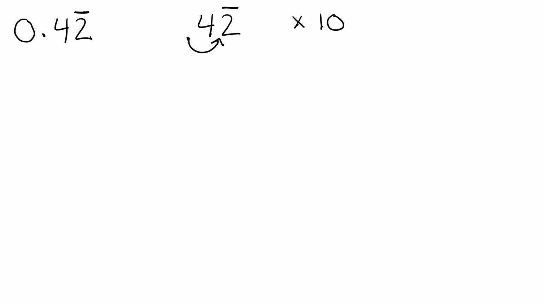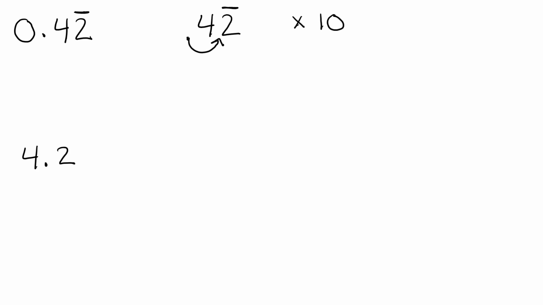For number 19, we have the decimal 0.42 with the 2 repeating. Remember, this is a complicated fraction because only part of the number is repeating. In order to write it as a fraction, we're going to move the decimal point. The first time we move the decimal point, we want to move it between the numbers. Since we only move it one time, that's the same as multiplying by 10.